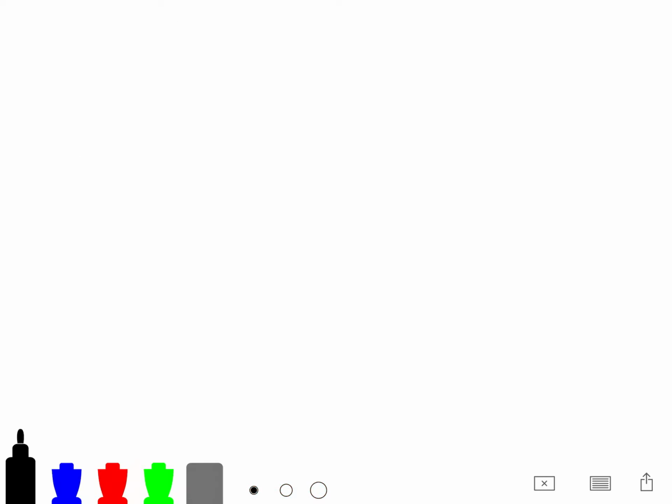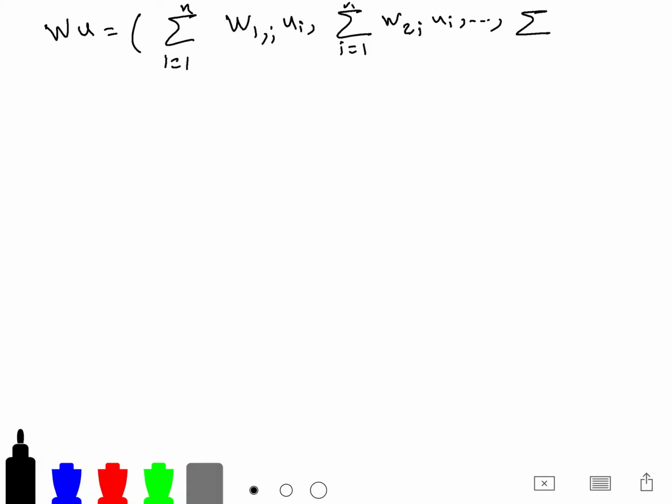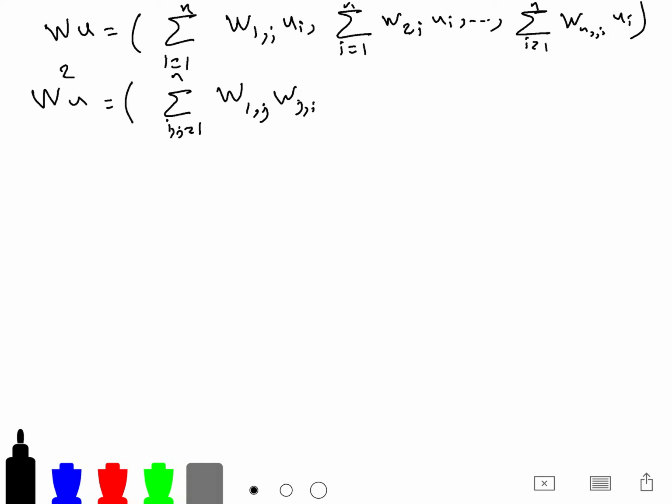And so we can write W u as the sum over i from 1 to n of w_1i u_i, the sum over i from 1 to n of w_2i u_i, up to the sum of w_ni u_i, and you do it again at a higher order, so it becomes the sum over i and j from 1 to n of w_nj w_ji u_i.